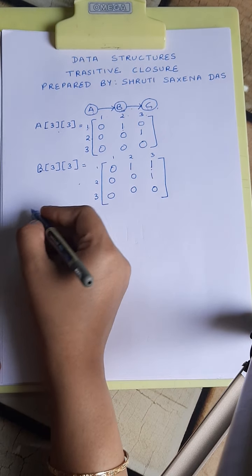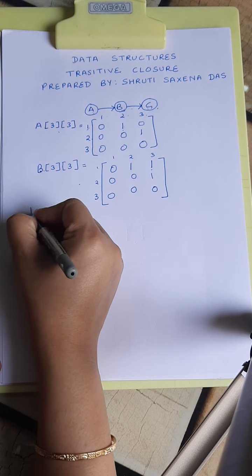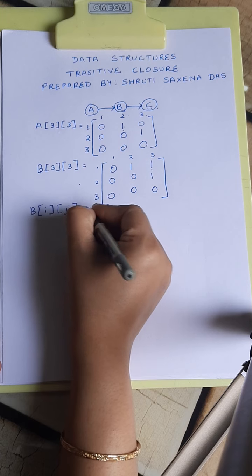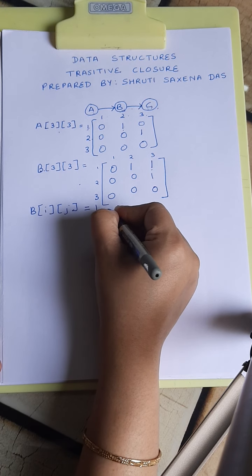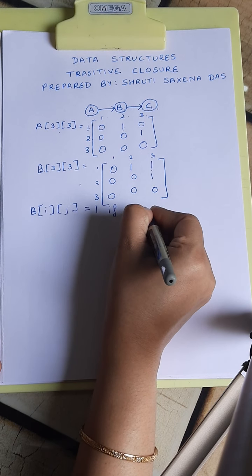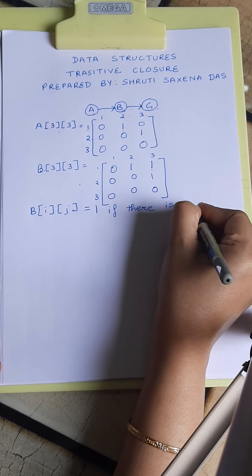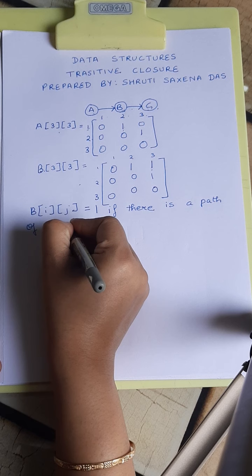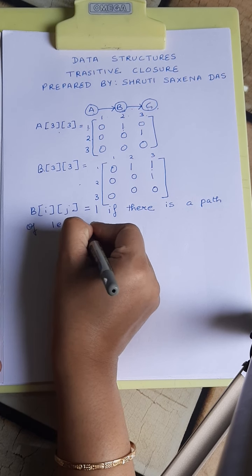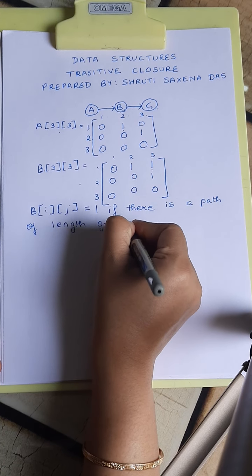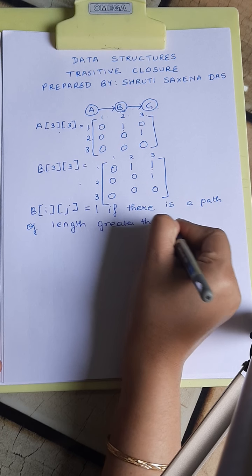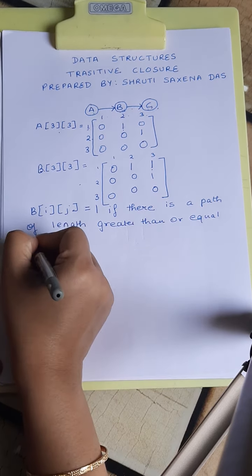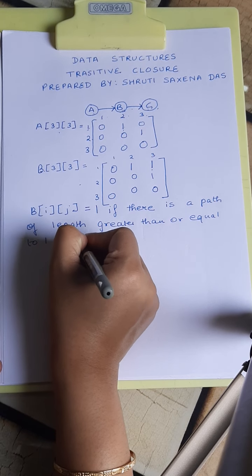So you have to compute B of ij, and its value will be 1 if there is a path of length greater than or equal to 1 from i to j.